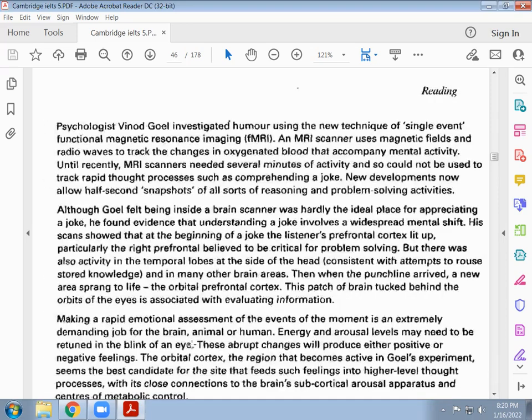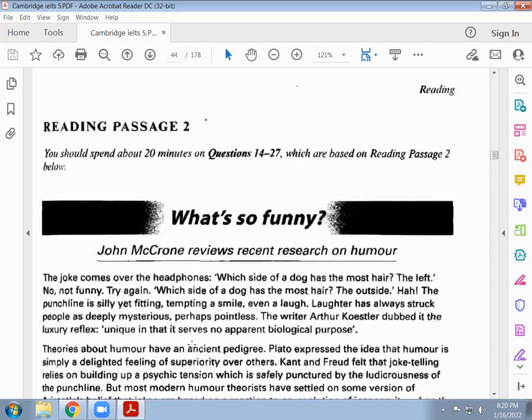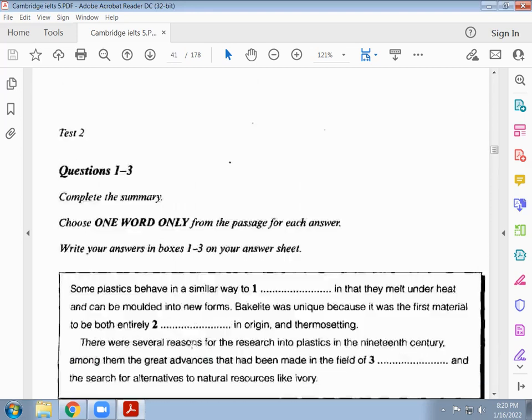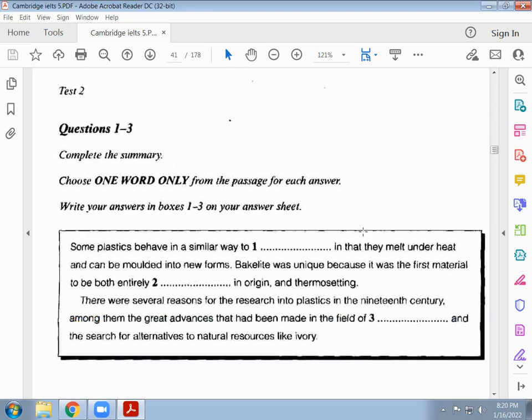When it is from one part, you need to check the position of the question. This is very important to know. If the summary completion question is at the beginning, right after your passage, your summary will be in the first part of the passage. If it is in the middle, the answers will be in the middle.